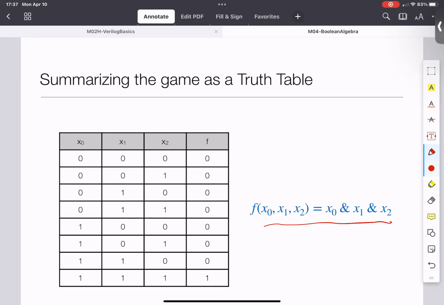By the way, even though in the slides I usually write it x0, you can also think of it as this, same thing. Depends on how you're writing it. Sometimes we will just write f equal to this, which implies that f has x0, x1, x2 as inputs. So it depends on the context.